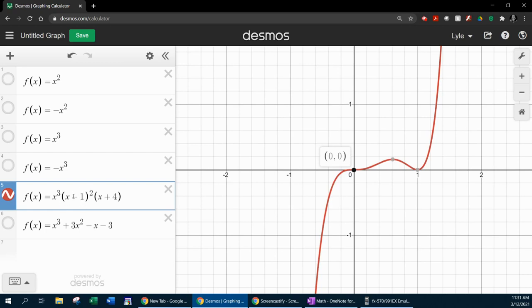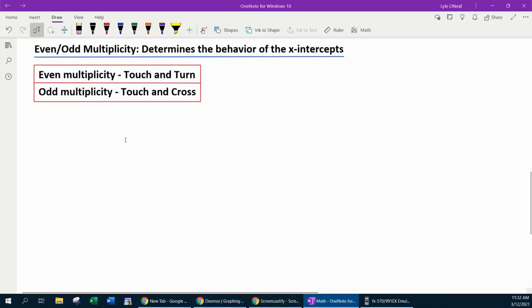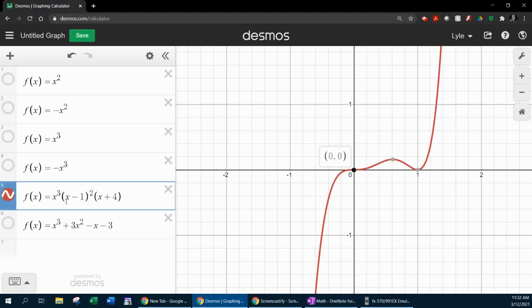The next x-intercept is 1. 1 minus 1 is 0. That's a 0 of the function. And it has an even multiplicity. 2 is an even number. And so if you have an even multiplicity, your graph should touch and turn. Now, what does that mean? Well, let's go to 1 on the x-axis for that 0, for that root. Since our multiplicity is even, what the graph is going to do is come in, touch and turn.